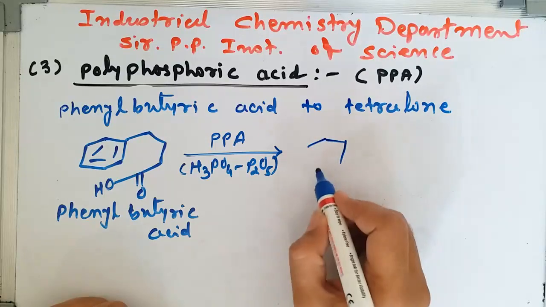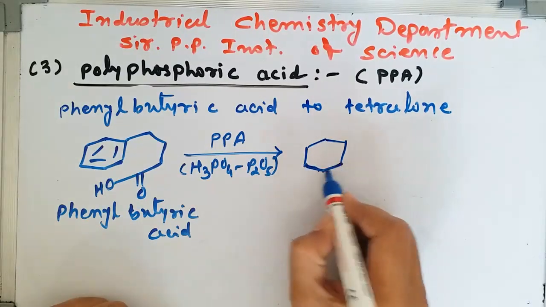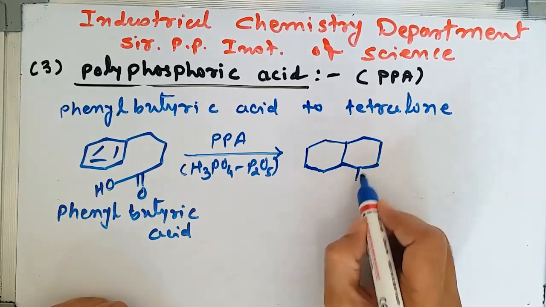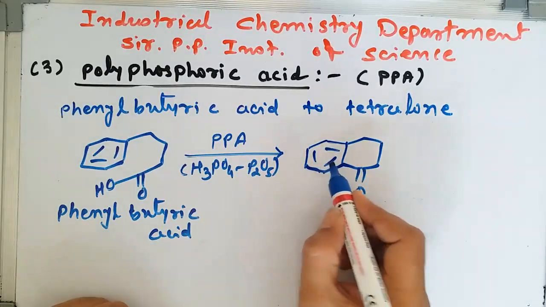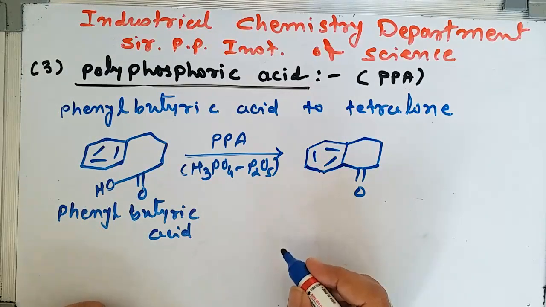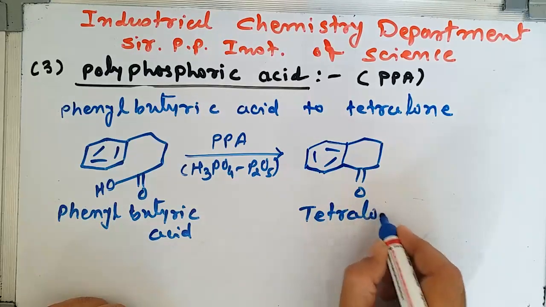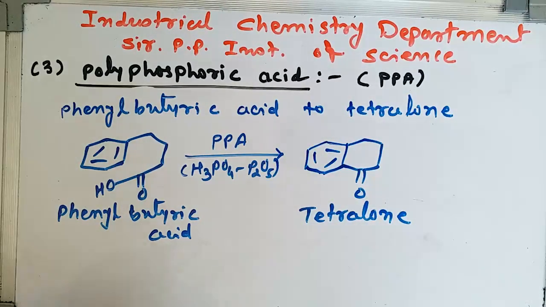It is converted into a ketone, and this is tetralone. So it is a very important process for cyclodehydration.